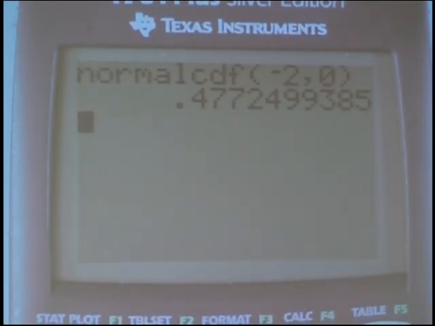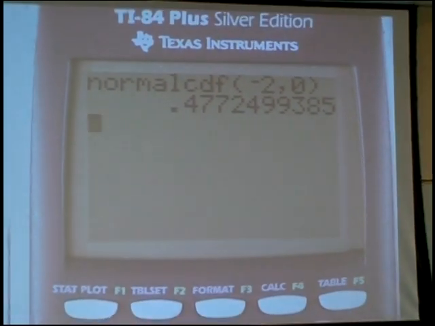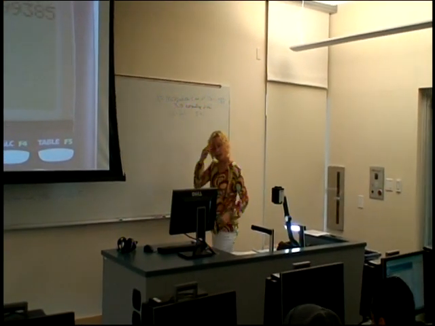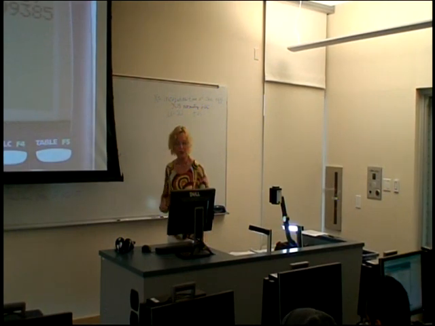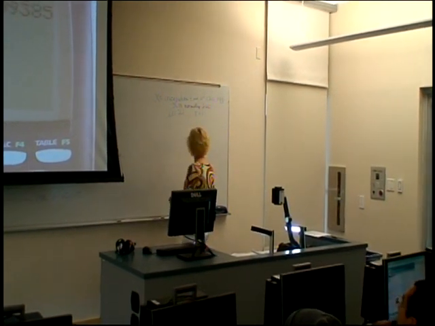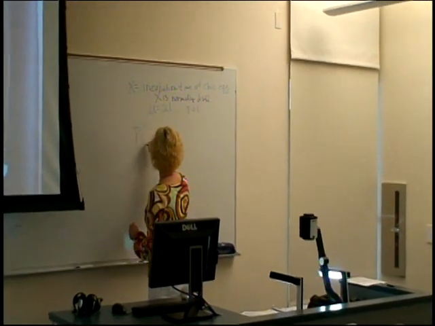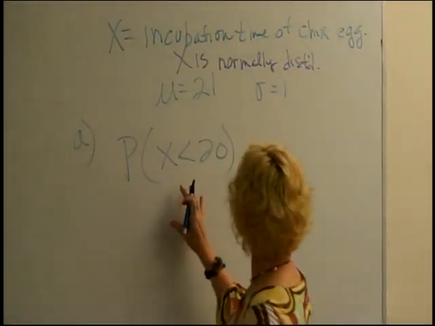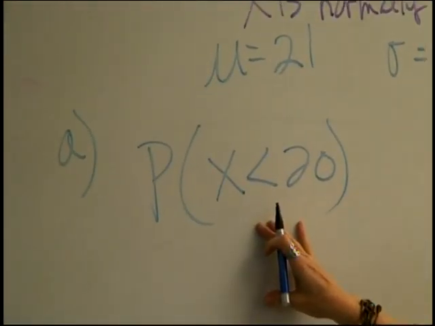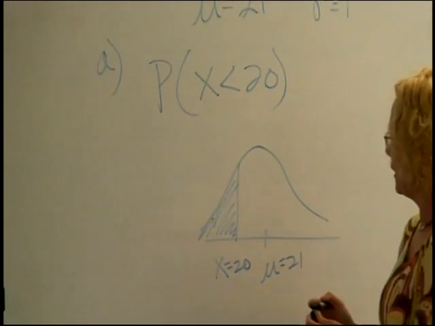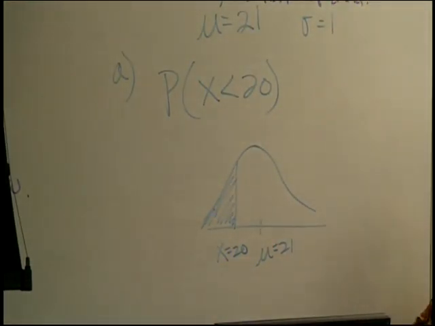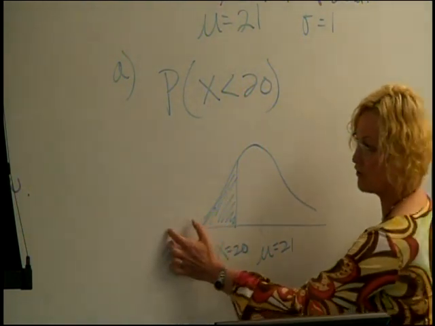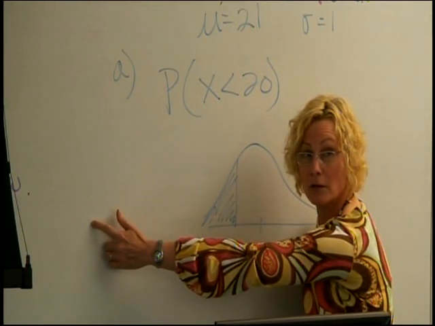Okay, so let's go back to maybe parts A and B. In part A, we had the probability that the hatching time was less than 20 days. Okay, this gets a little funky because you have to think about it. Now the distribution here goes to negative infinity.